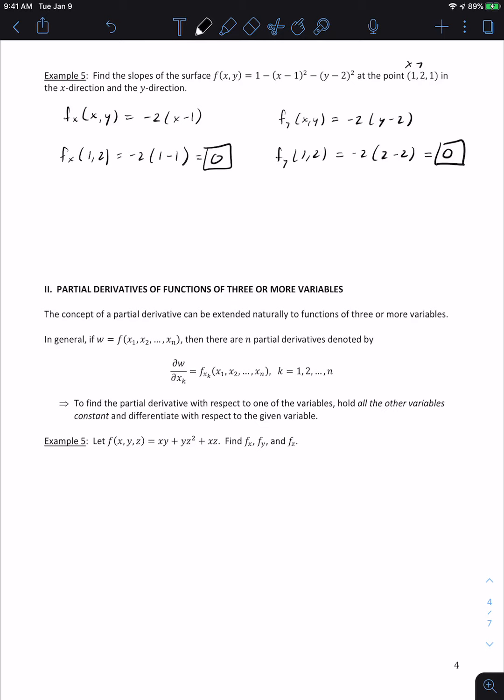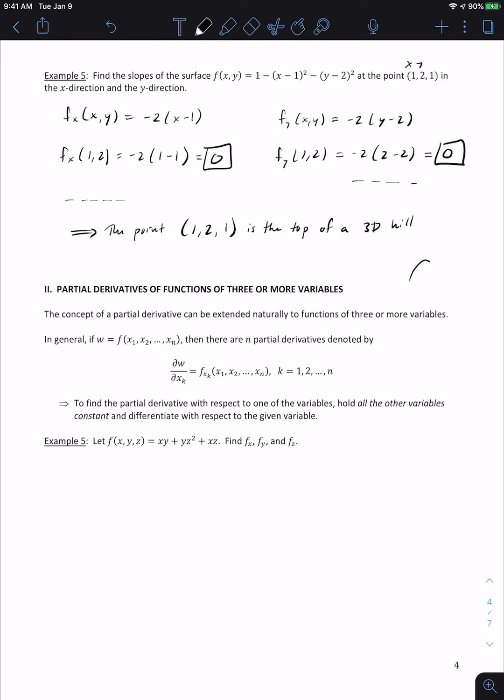So my x derivative is 0, which means I have a horizontal tangent. My y derivative is 0, which means I have a horizontal tangent in the y direction. So what does this mean? This means the point (1, 2, 1) is the top of, I'll just call it, a 3D hill.